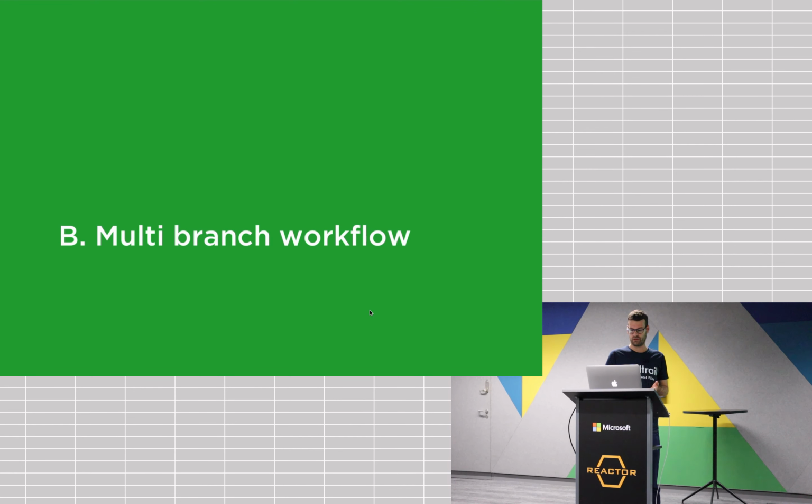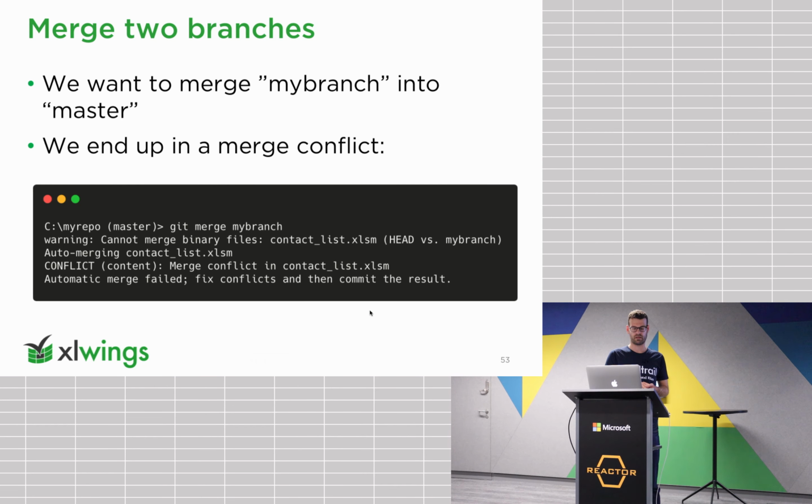To do that, let's imagine that we are on the master branch and we would like to merge my branch into master. As you can see here, I'm on the master branch and I just say git merge my branch, and then I'm greeted with the conflict message and that I have to fix the conflicts before I can move on.